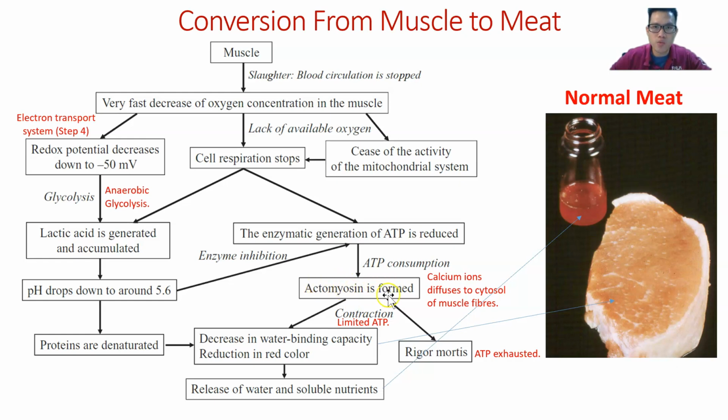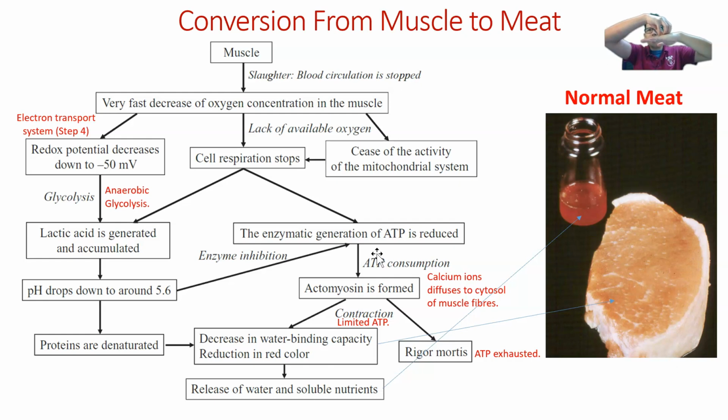Actomyosin is formed. Because once ATP is exhausted, this binding will be forever, because there's no longer ATP to remove it. And so, as we explained last week, rigor mortis is happening. Rigor mortis will happen because of this. As I mentioned, once attached, it cannot be removed.